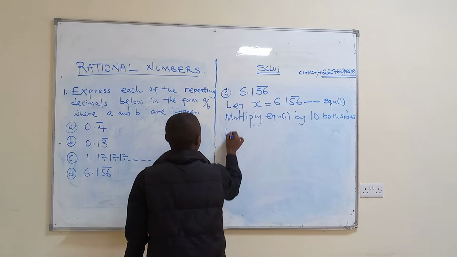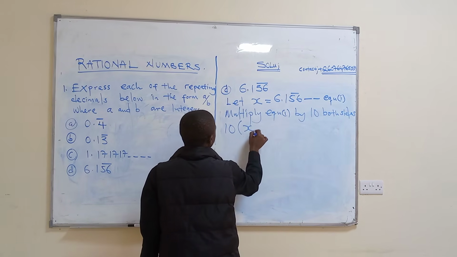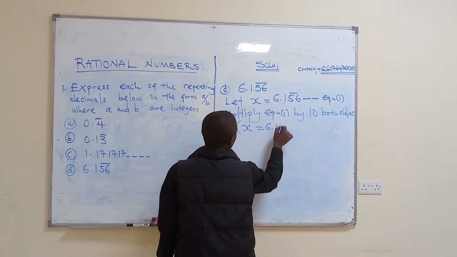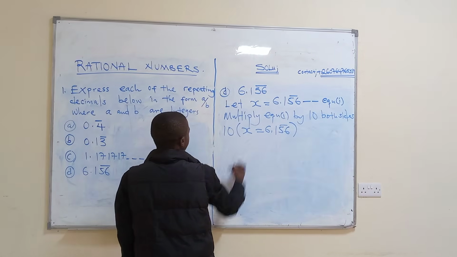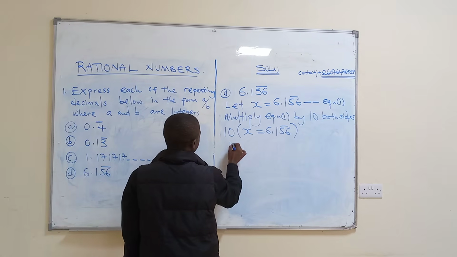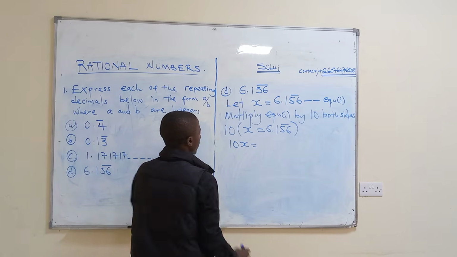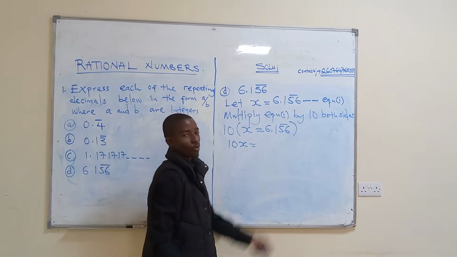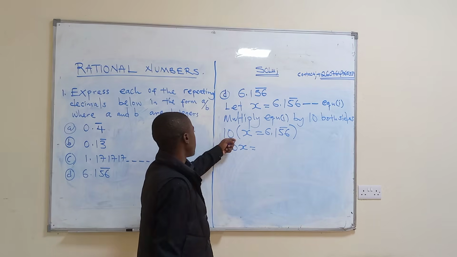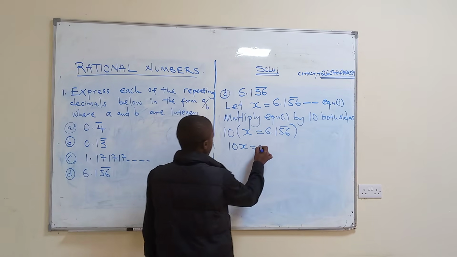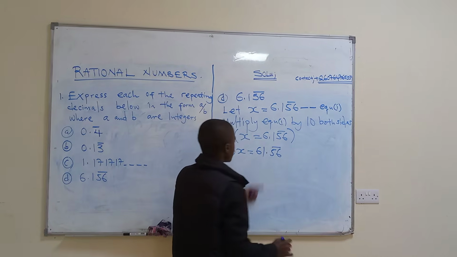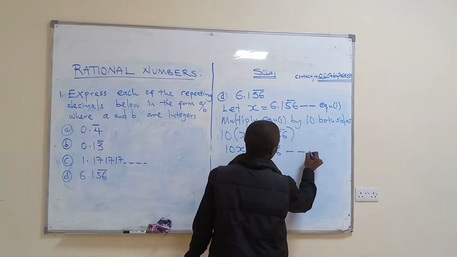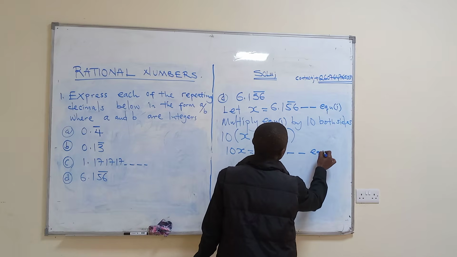So that is 10 being multiplied by x is equal to 6.156 with a bar. So 10 times that, you are getting 10x is equal to, this point is going to move 1 because you are having 1 zero. So that is 61.56. So this is your equation 2.